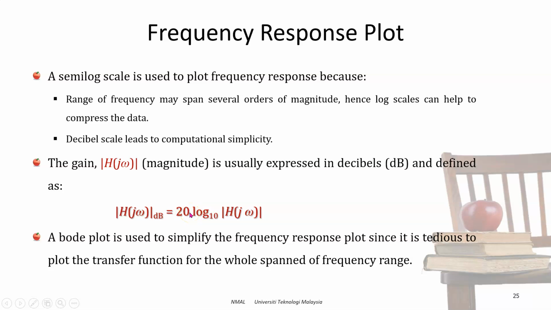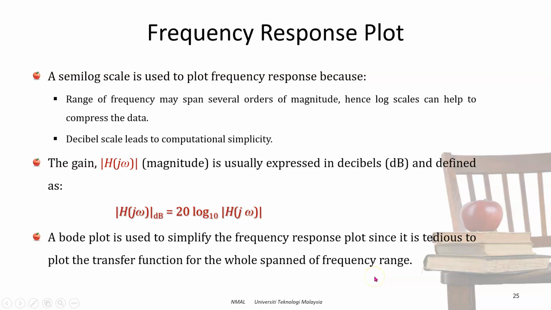We use the Bode plot to simplify the frequency response plot, because when we plot the frequency response, normally we do not use any log scales. But when we use a log scale, then it is called a Bode plot. It is tedious to plot the transfer function for the whole span of the frequency range.